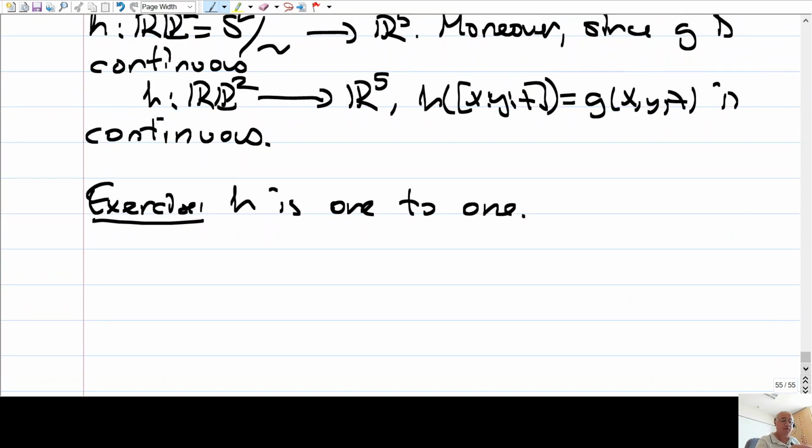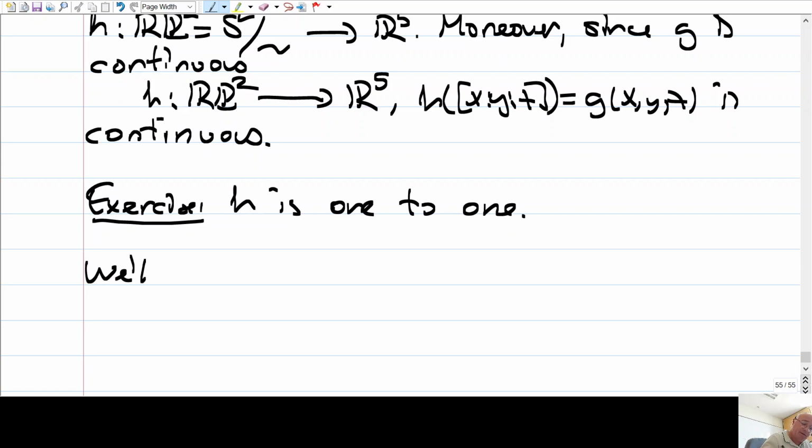Is it enough for H to be an embedding? Not necessarily, right? Not every 1-to-1 continuous map is an embedding. You need more, but for that we need some more material.